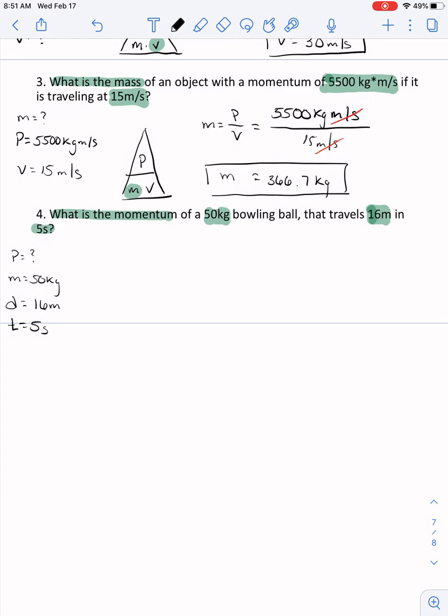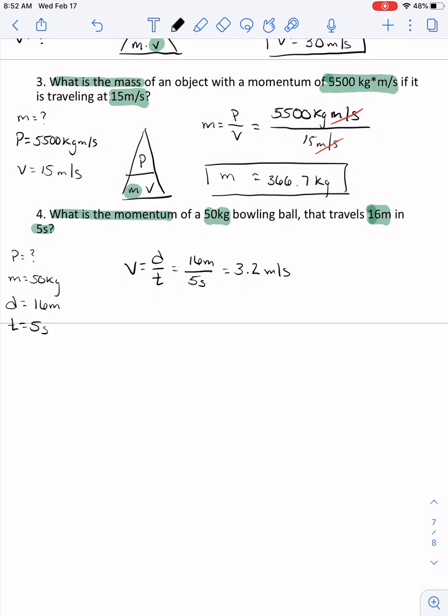So here, I don't have a speed, but I do have v equals d divided by t. So I can first solve for the speed, 16 meters divided by 5 seconds, which is 3.2 meters per second.